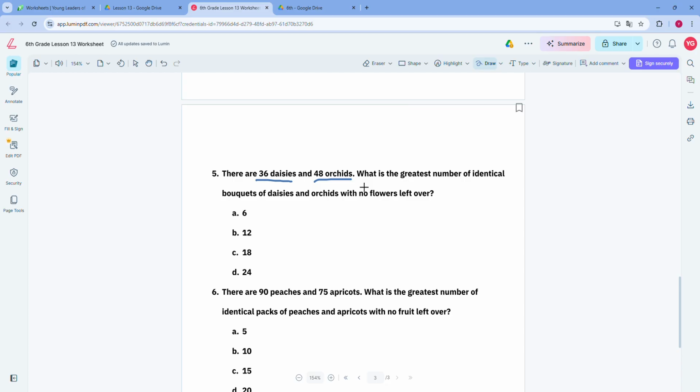It says, what is the greatest number of identical bouquets of daisies and orchids? And it says no flowers left over, which would mean that we want to do the greater number, which is the orchids, minus the daisies. And since it says no flowers left over, that's how we know it's going to be minus. And that's just going to give us 12, so the answer is B.